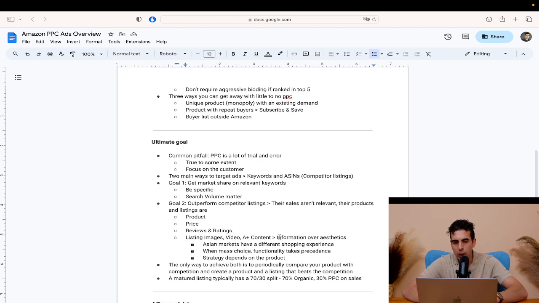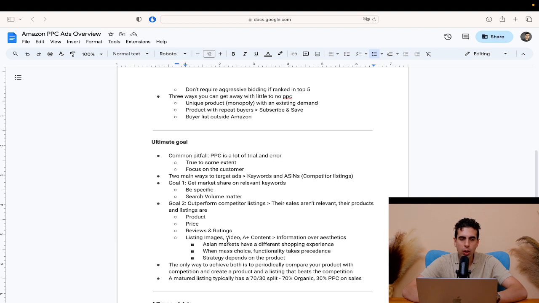Keeping in mind, a lot of new sellers fall into the rut of focusing too much on the aesthetics, but it's a marketplace. So what's more important is the information rather than the aesthetics.